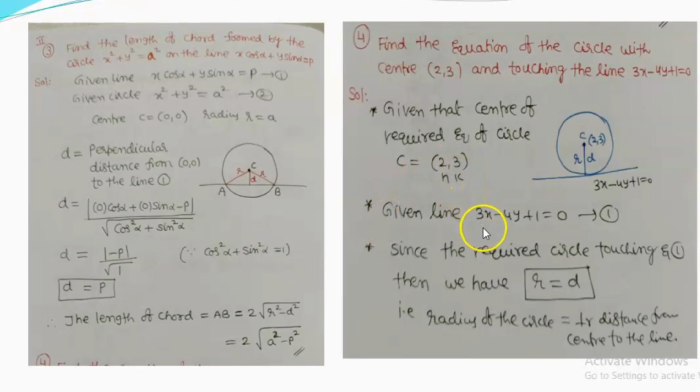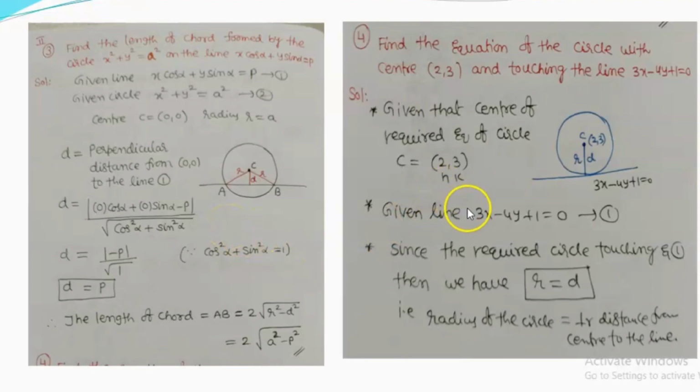Given line 3x minus 4y plus 1 is equal to 0. Here some condition is there: the circle is touching this line 3x minus 4y plus 1 equal to 0. That means that line is a tangent.